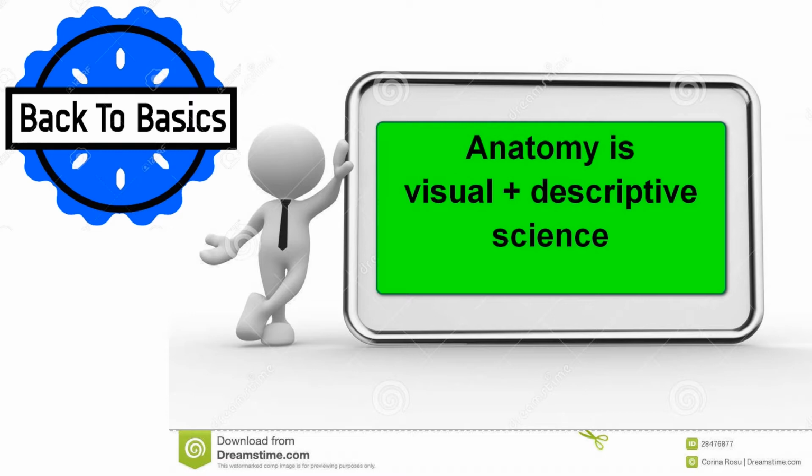Now you should know what this means. If you don't, then we always study anatomy looking at images or other things and describe them. If you have a problem, then remember.